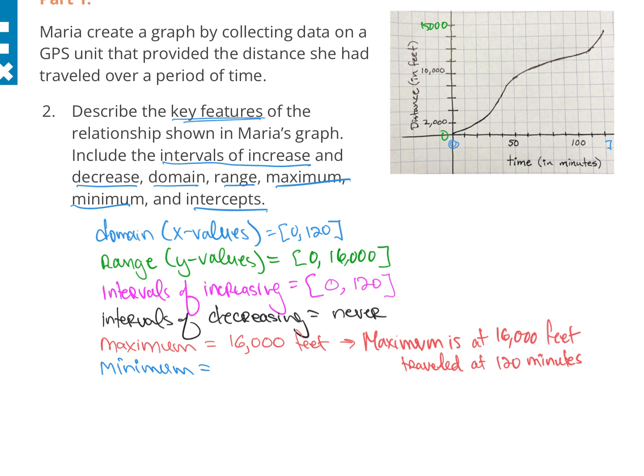So we could say the maximum is 16,000 feet, but we can also write a little bit more information. Where that actually happened is also where we need to know. So let's do the same thing with the minimum. Where is that? It's at 0 feet, right? It doesn't tell us a lot of information, so let's write in a sentence.